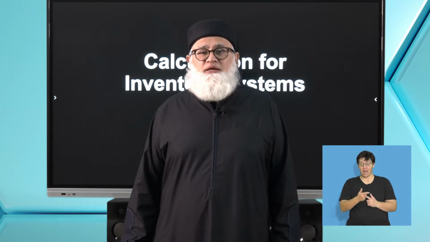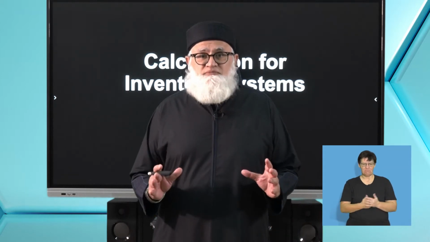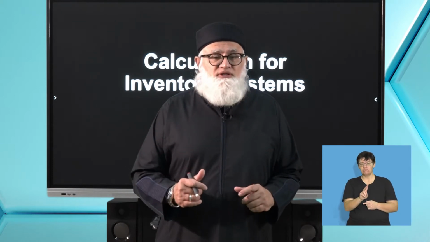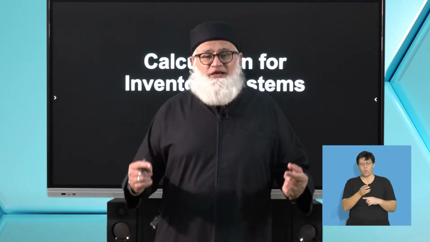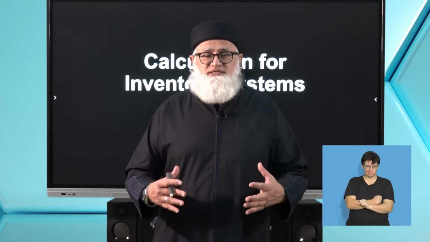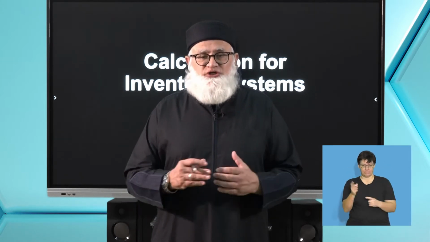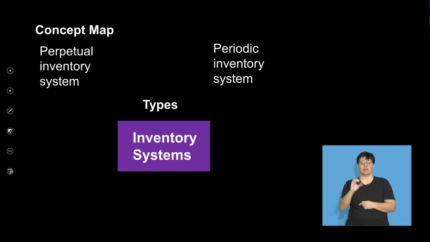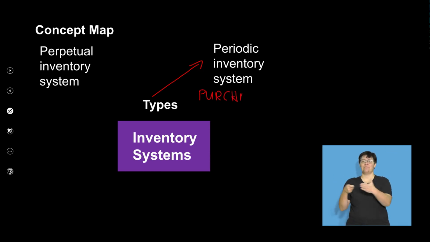Remember, we're dealing with inventory systems. We're looking at specific calculations that you need to be au fait with to fully understand what it entails when we're working with the periodic inventory system. All right, so if we look at our revision, our recap, what did we say? We said that when you're dealing with the periodic inventory system, the most important component will be your purchases account.